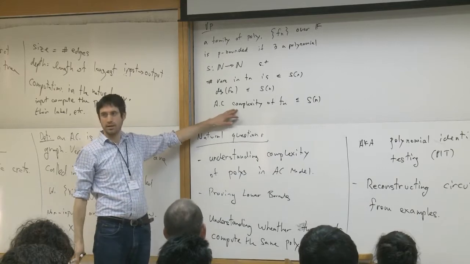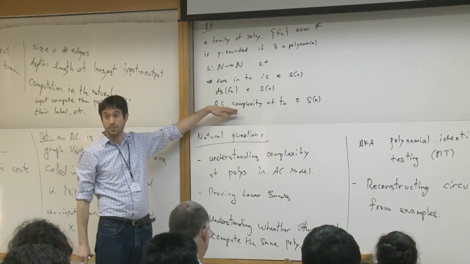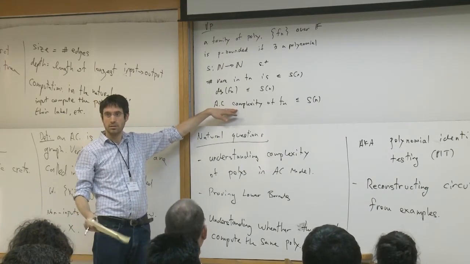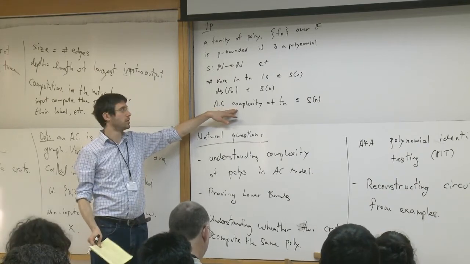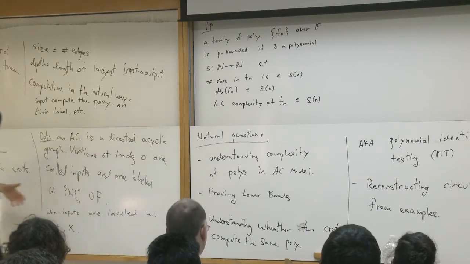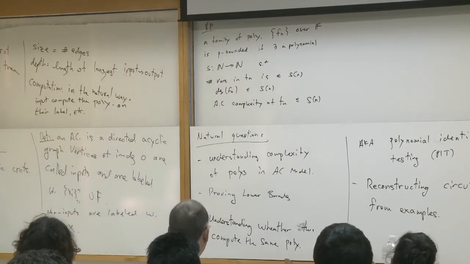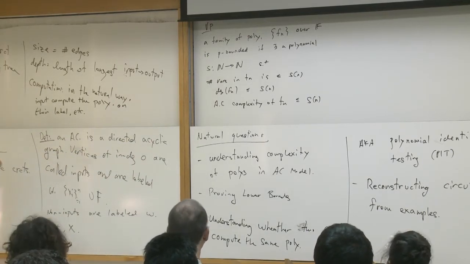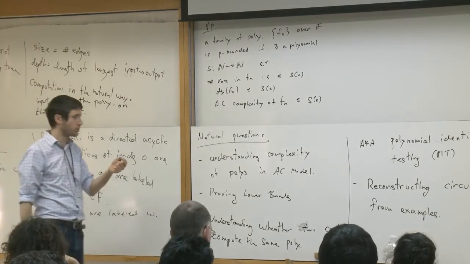By that, I mean that for each n, there exists an arithmetic circuit that computes F_n. Again, what does it mean to compute? It means that when you do all the computations, you get a polynomial at the end, and it is exactly the same polynomial as F_n, right?